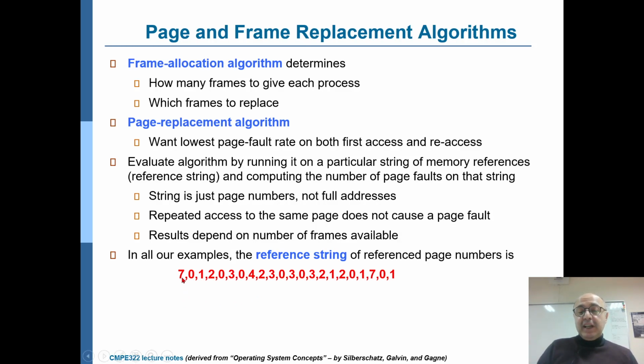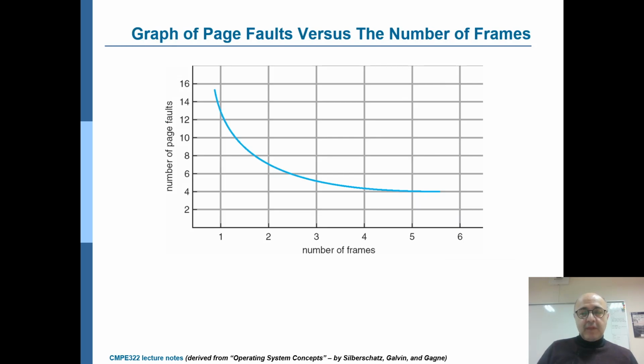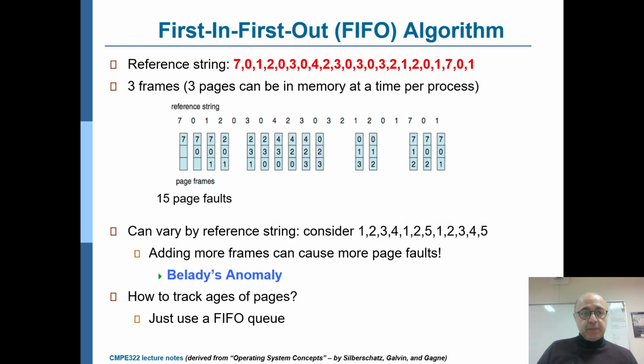So when you're trying to evaluate the performance of the algorithm, you have no idea which page is going to be accessed. So you're told these references one at a time. You don't know all of them immediately at the beginning. So it's difficult to know the future, of course.